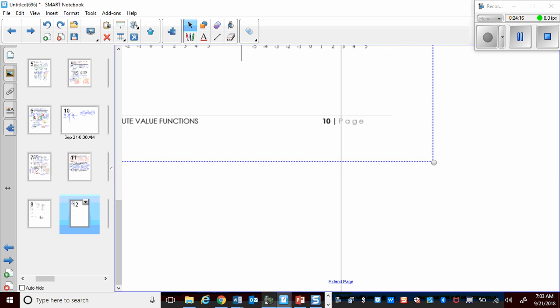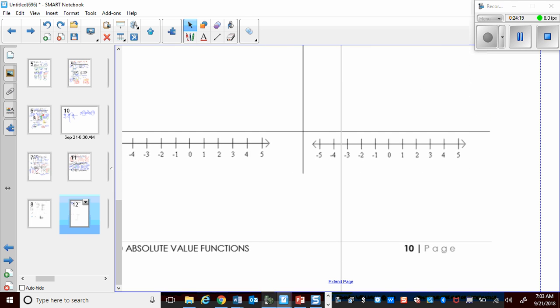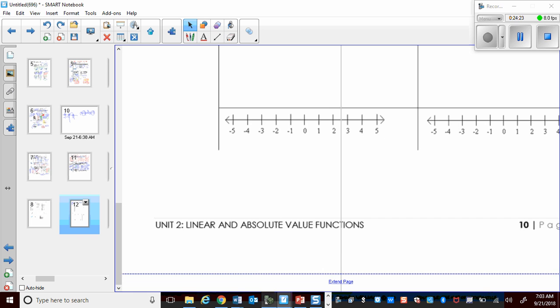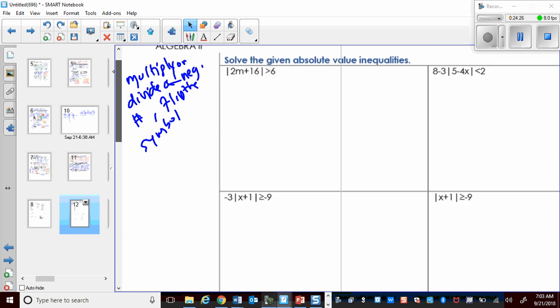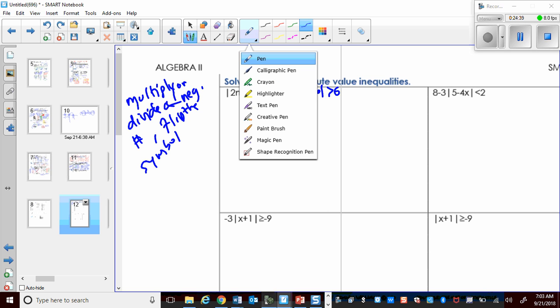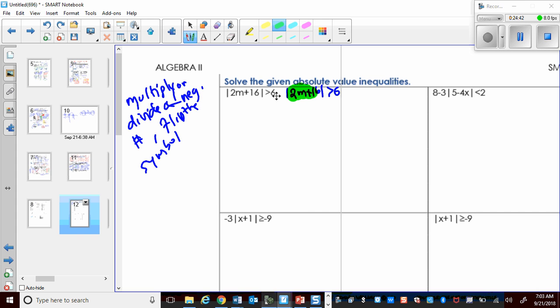Now, rewriting, I have the absolute value of 2m plus 16 is greater than 6. What I like to do also is just highlight what's in there. This part is going to come out twice, and it's going to look like this.